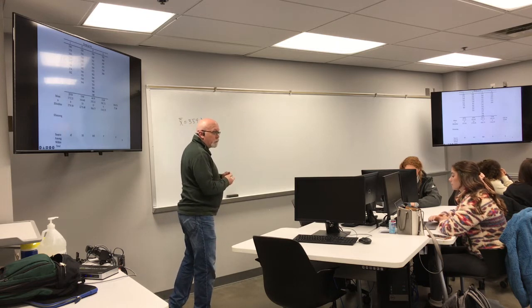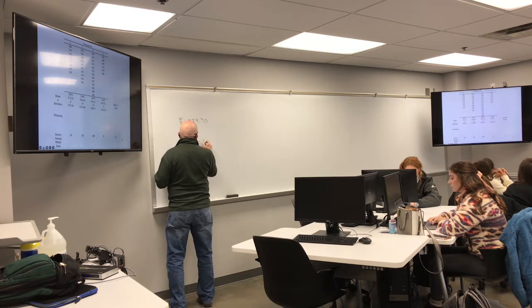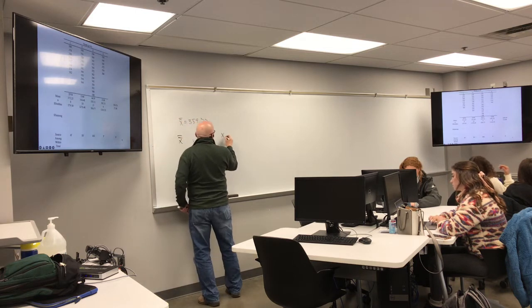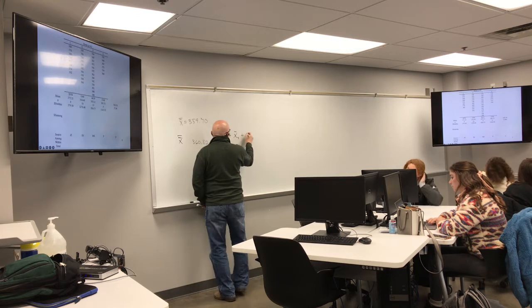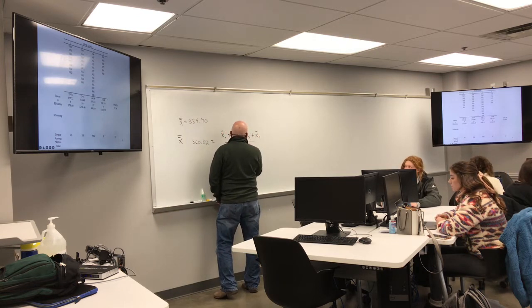Just $360 straight? So this is the grand mean if you just add the mean of sample 1 plus the mean of sample 2 plus the mean of sample 3 plus the mean of sample 4 divided by 4.